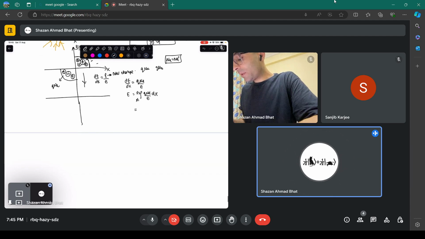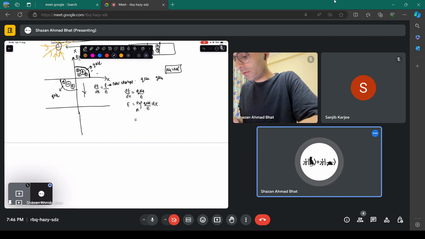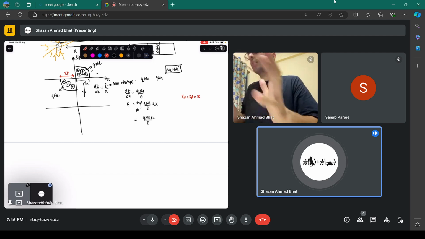And if this is constant, like in a uniform function, then you can write this as Q times Nd divided by epsilon times xn, where this xn is this distance, and this distance is xp, where xn plus xp is the overall distance between the two sides of the charge distribution.